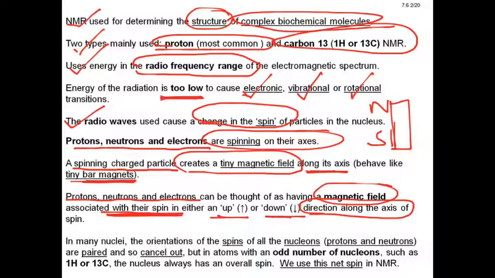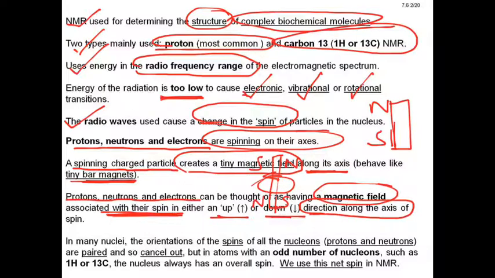Can you see what I'm trying to say? If you have a little rotation around their axis, then you'd either have this little bar magnet with north that way, south that way, or south that way, north that way, depending on which way they're doing it, okay?